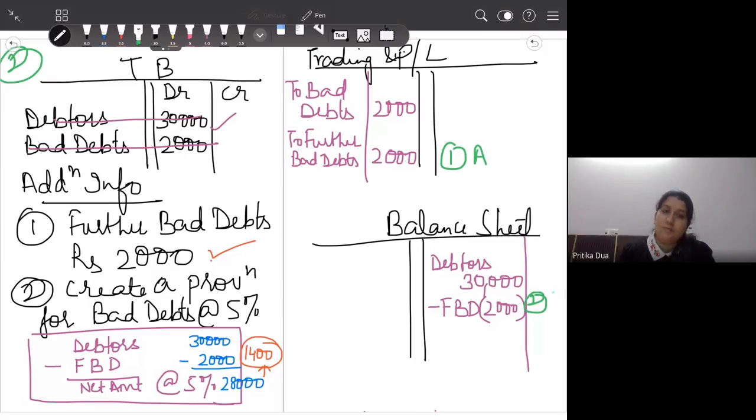After that, you have been asked to create a provision of 5%. So next treatment will be that I create a provision of 5%.